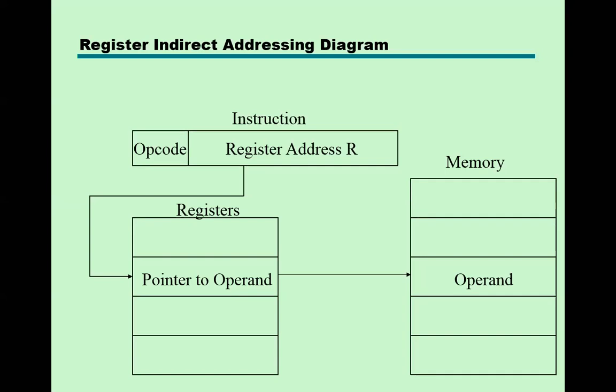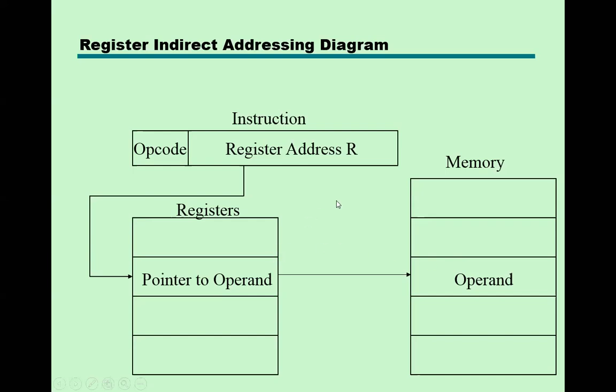In register indirect addressing mode, the instruction's operand field points to a register address, and the register points to the respective operand which is available in memory.